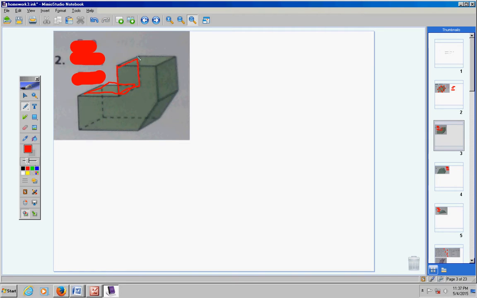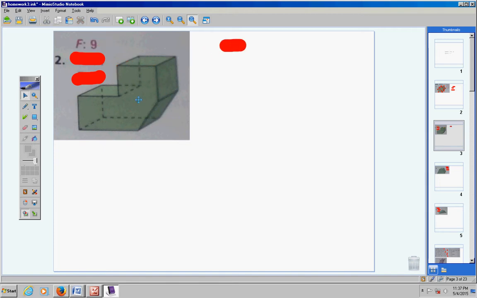That's 1, 2. Then 1 right here, that's 3. 1 right here, that's 4. 1 right here, that's 5. 1 right here, that's 6. And 1 right here, that's 7. Alright. And then of course the front and the back, like I already counted. So a total of 9. Alright. So there are 9 faces on this polyhedron.